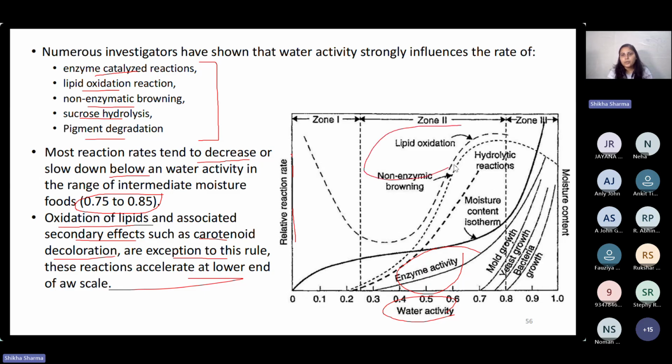Lipid oxidation, non-enzymatic browning, and hydrolytic reactions will occur even from around 0.3 water activity up to 0.8, and at around 0.6 to 0.7 the hydrolytic reaction, the lipid oxidation, the non-enzymatic browning, all reactions can easily take place. So enzyme concentration is the answer here.